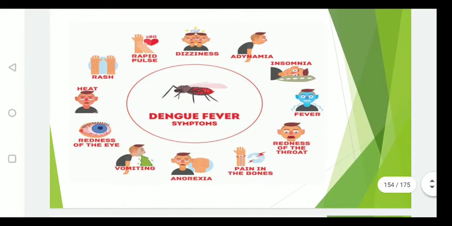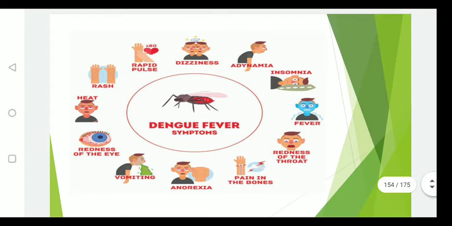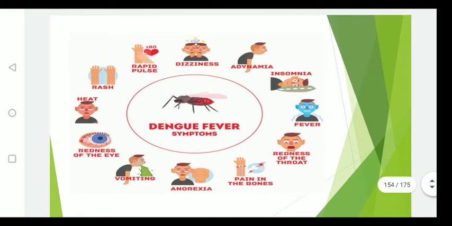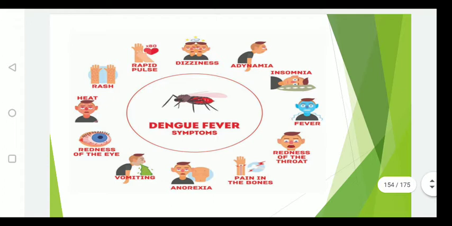The next one is symptoms. The clinical manifestations exhibited by dengue patients. First of all, because of the infection the person will have a rapid pulse. Then dizziness, adynamia, weakness, tiredness, fainting and all will be there.